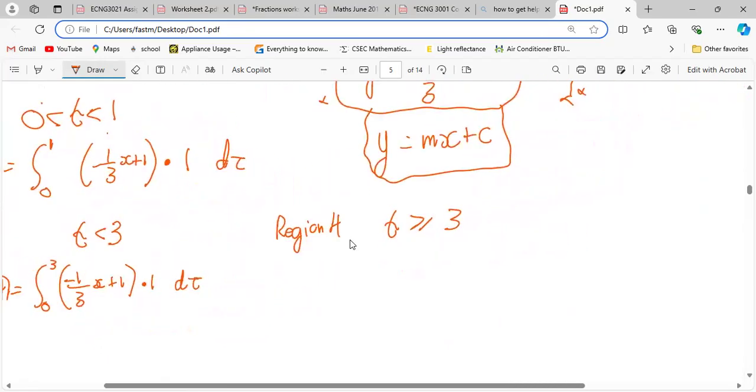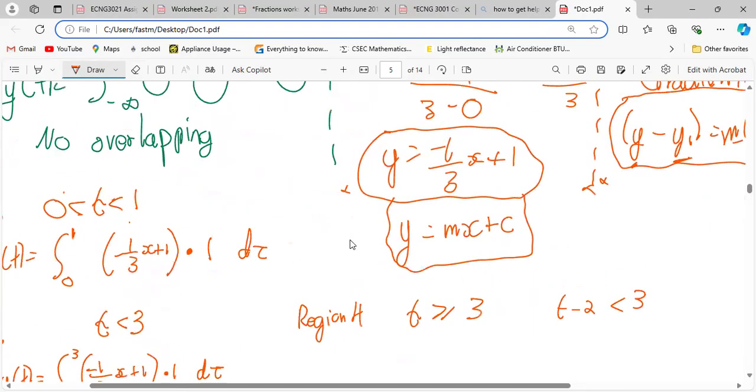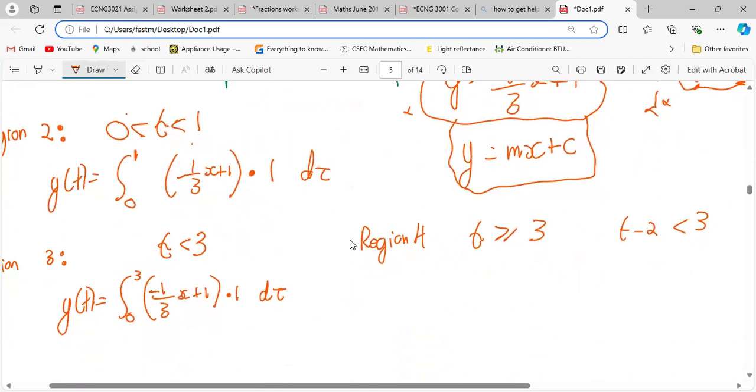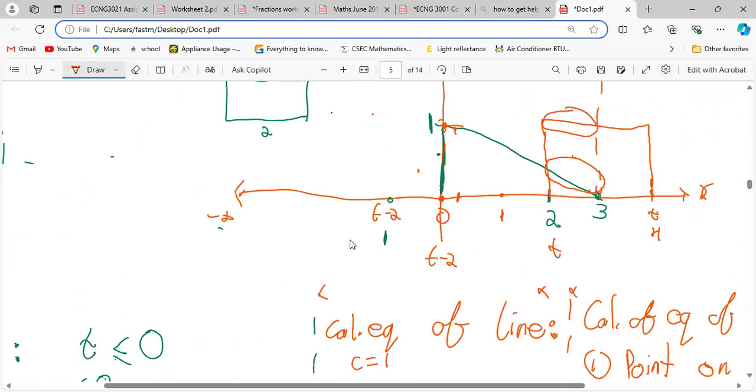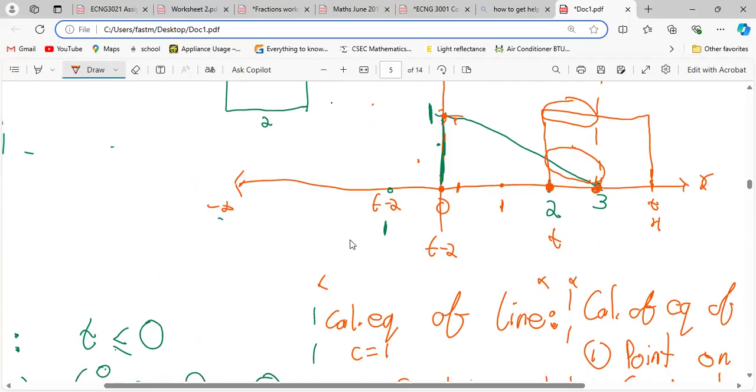If you want to, you could put in t minus 2 is less than 3. But you really only care about t. Right? So then the region of overlap would be from 2 up to 3. But that'll be the only piece that you get overlapping in.